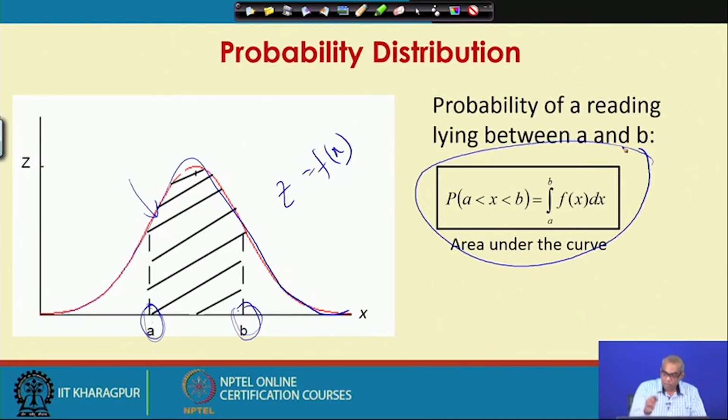So, the probability that x will lie between A and B is equal to integral a to b f x dx. You know that this term represents the area under the curve f x. Here f x is z.